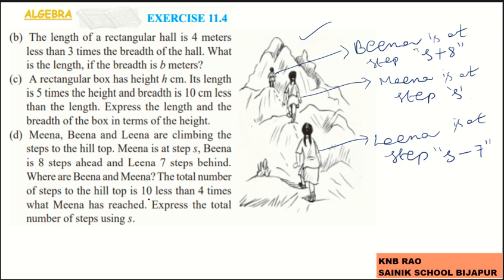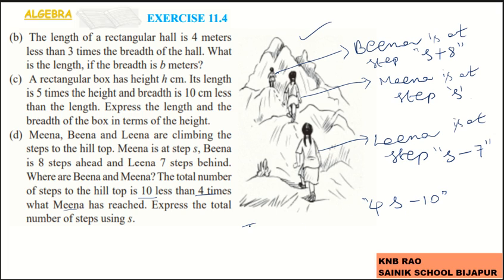is 10 less than 4 times Meena. So Meena has already reached step s. Yes, 10 less than 4 times Meena. So 4 times Meena is 4s. To that, 10 less is minus 10.